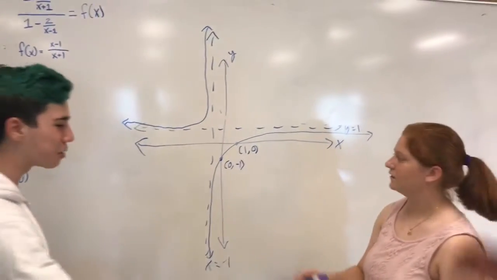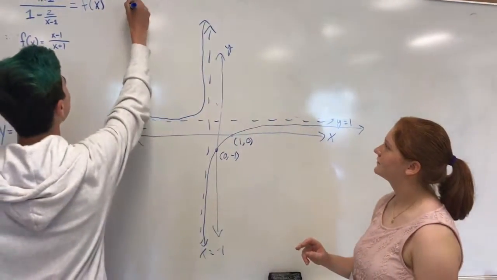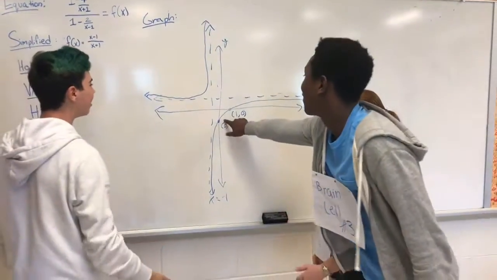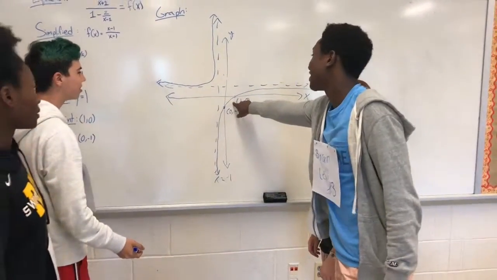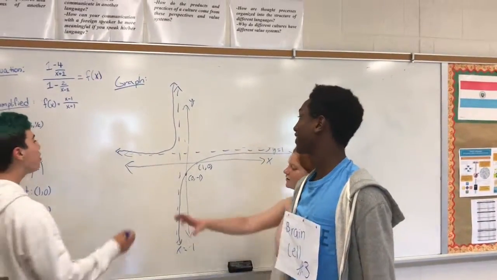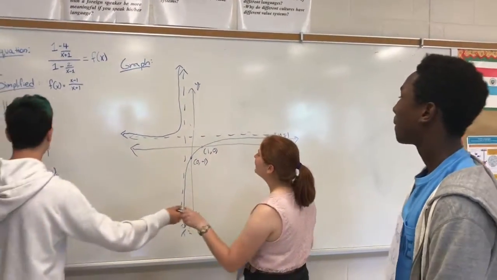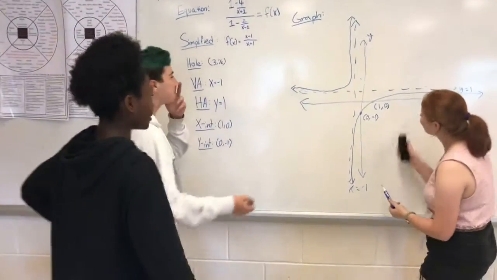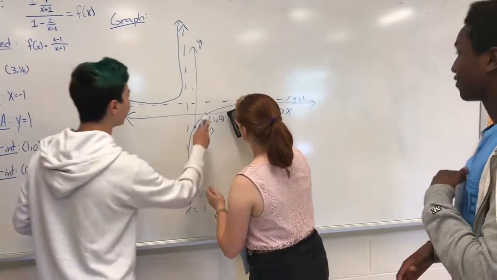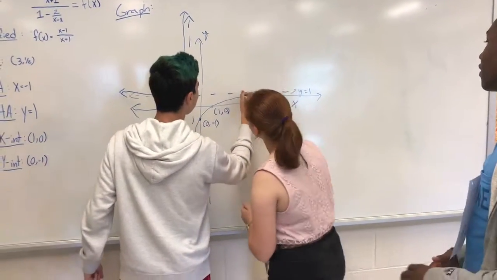Let's label it and make sure people realize that this is the graph. So we have our y-intercept, our x-intercept, our asymptotes. Oh, our hole. We forgot our hole. The hole is at (3, -1/2).